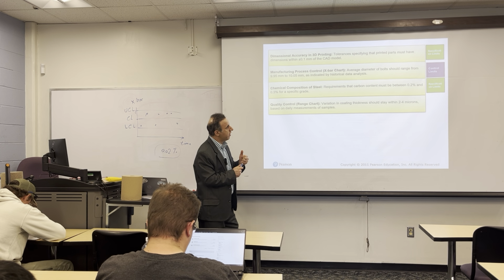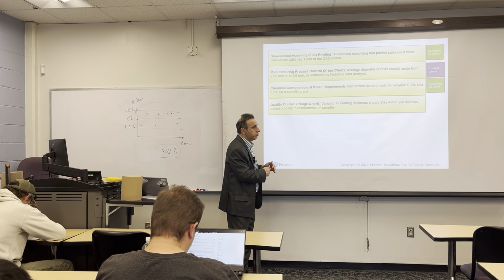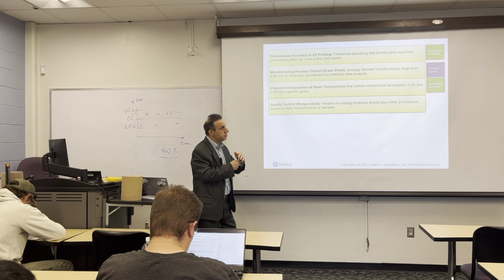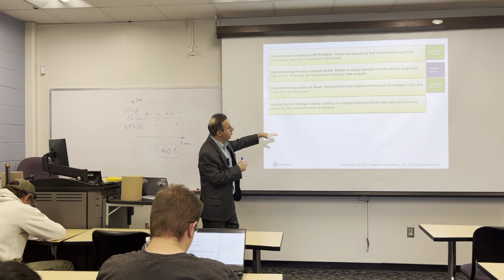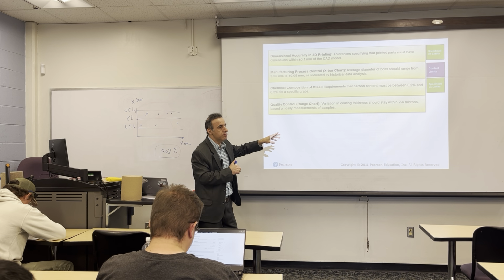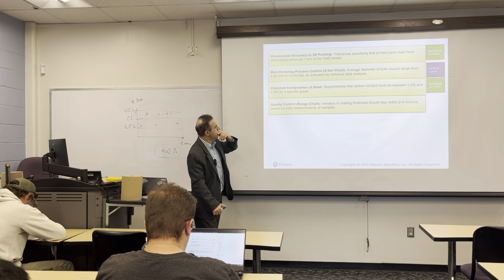So make sure you understand this. Sometimes based on the information you have, you have to see whether it is a control limit or a specification limit. These are a good example.